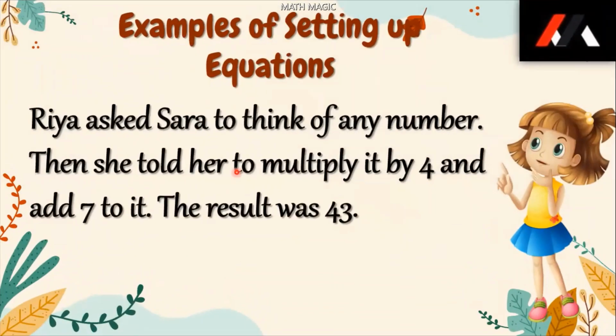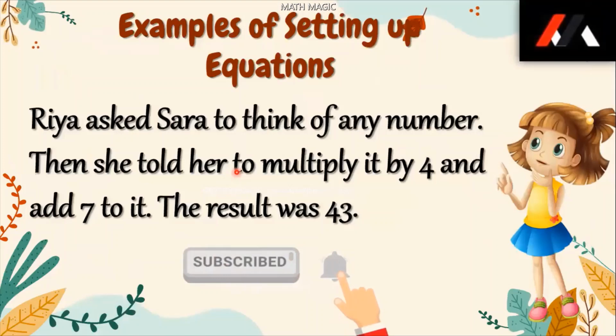Let's proceed. Examples of setting up equations. Now, Ria asked Sarah to think of any number. Then she told her to multiply that number by 4 and add 7 to it. The result was 43.